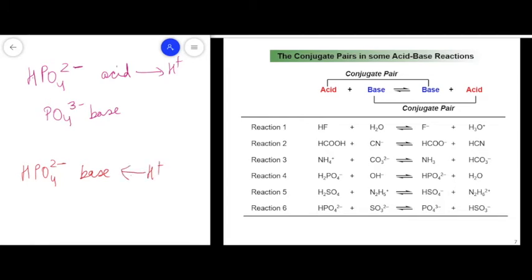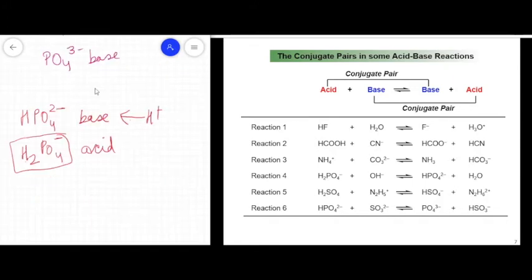If it accepts a proton, what would it change to? The formula would become H2PO4, and since it was 2 minus, it also took one more plus, so that makes 2 minus plus 1 a minus. So now this is its conjugate acid. So essentially, whenever there's an acid-base pair, if one is given, the other one would be based on whether it's an acid or a base, you're going to either remove a proton or add a proton.